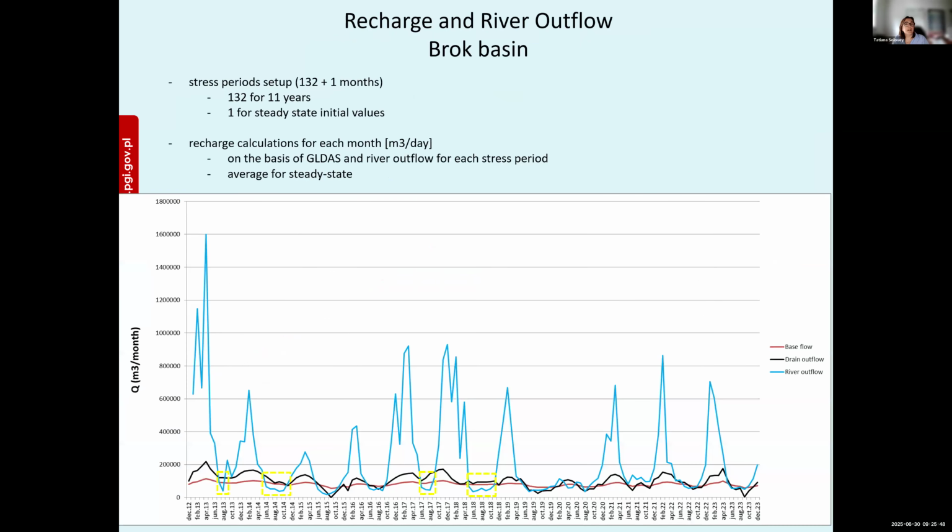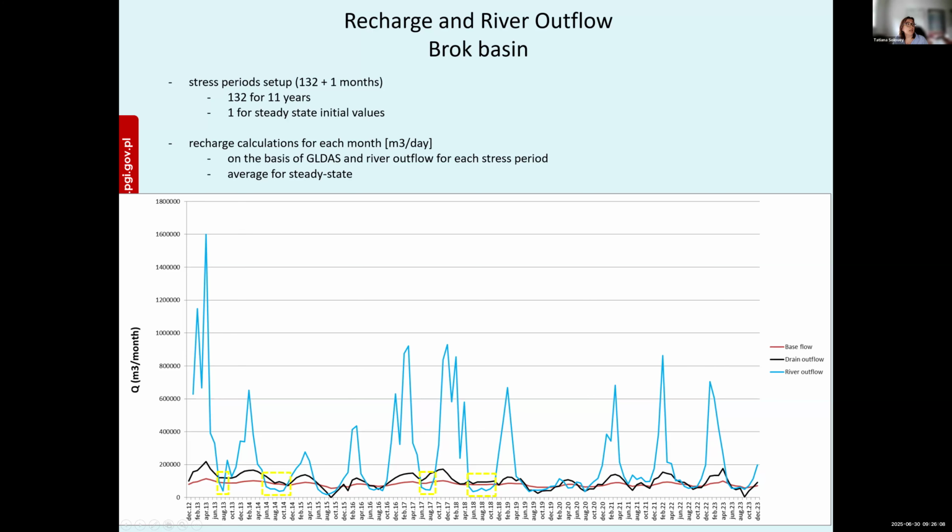extraction. The model results cover the period from January 2013 to December 2023. Input data for the estimates were obtained from the GLDAS model.